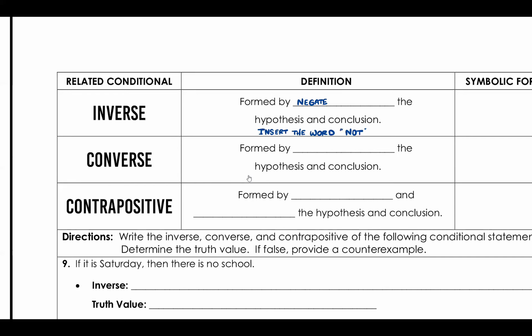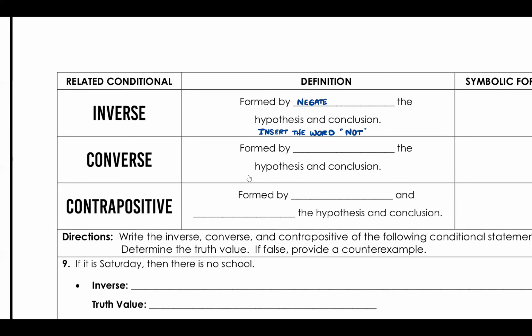Basically, we multiplied by -1, right? When we use the word not, we're basically multiplying by -1 because we're doing the exact opposite. If I said, Will, do not stand up, and he sits down, he's doing the opposite. But if I said, Will, stand up, he would stand up.